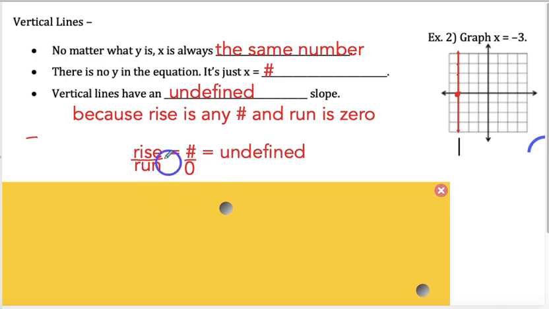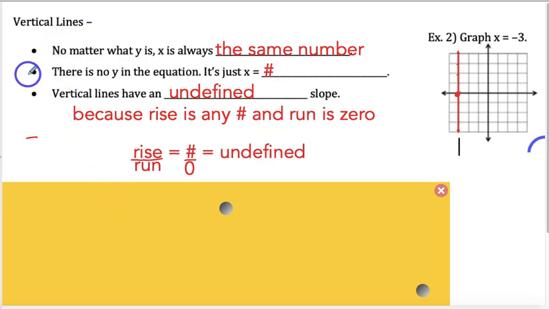Looking at this mathematically, the rise is any number, the run is always 0, and any number divided by 0 is not possible, or in mathematics we call that undefined. And so vertical lines have an undefined slope.